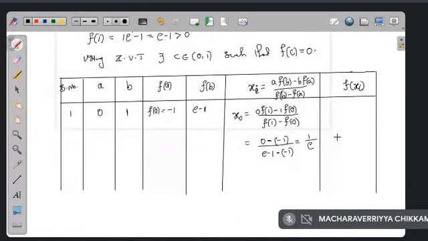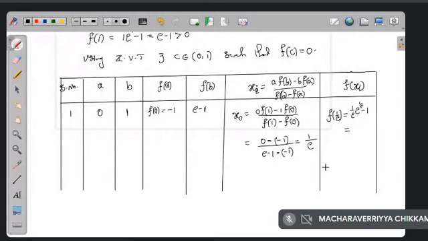So 1 by e, now what you have to do, you need to see what is f of 1 by e value. So is it positive or negative? f of 1 by e. So the function is x into e power x minus 1, that is 1 by e into e power 1 by e, minus 1.